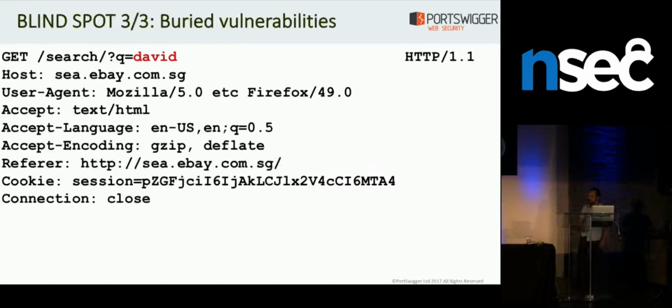So let's assume that the vulnerability is in a known technology and there are no filters and it's not some weird variant. All we need to do now is figure out where to put the payload. And here, this is a real endpoint on eBay that was vulnerable to remote code execution. The obvious place to put the payload is in the queue parameter, but that doesn't work.